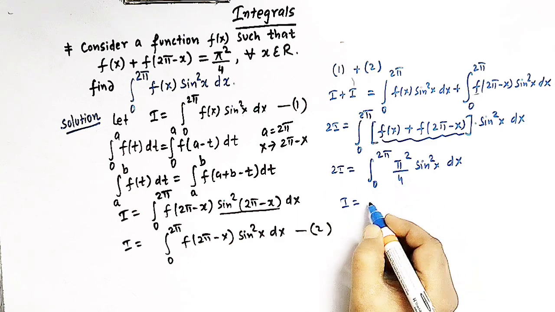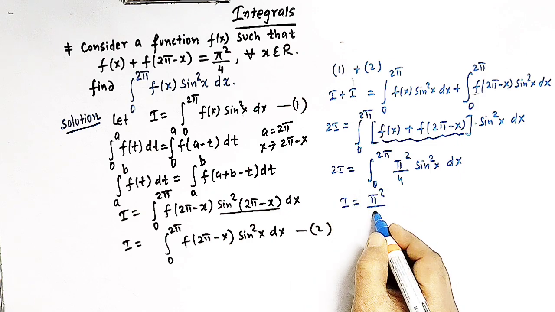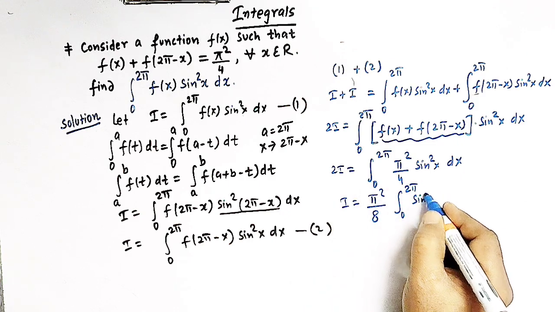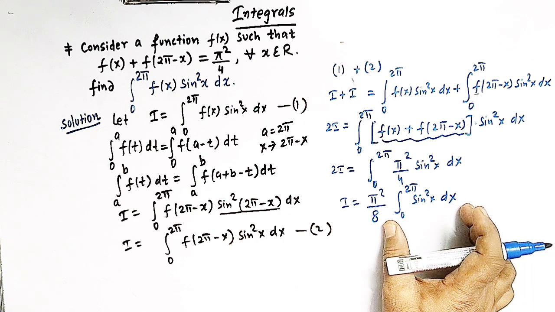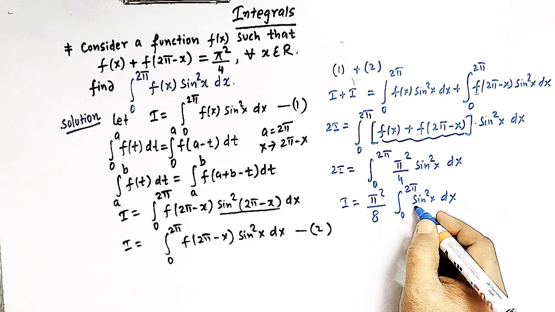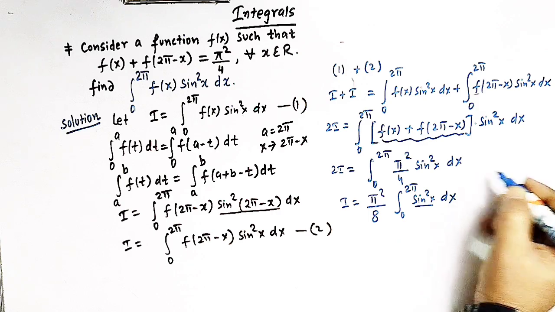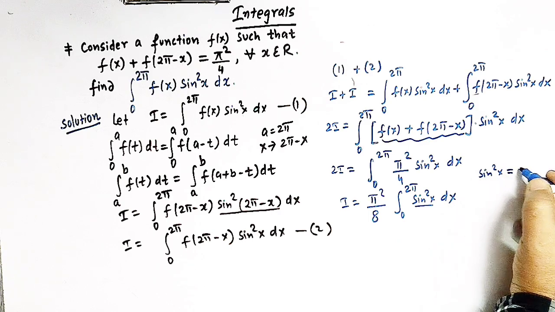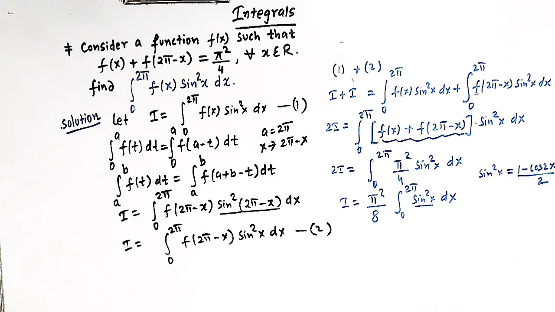So let us rearrange the terms. Here we have pi square, and here we have 4 times 2, that is 8, and then we have the integral from 0 to 2 pi of sine square x dx. So now we have to evaluate this integral, right? In order to evaluate this integral, let us make use of trigonometry, and we know that sine square x is given by 1 minus cos 2x over 2, right?